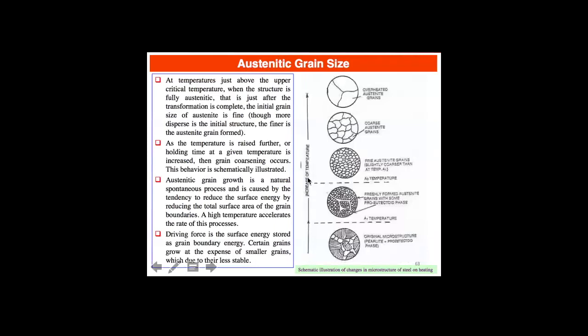This is just sort of a schematic. Here we see our temperature, right, and the evolution of the structure, right. So this is sort of the whole temperature. If we're at lower temperatures, right, we have a nice pearlite microstructure with some pro-eutectoid ferrite, right? So this image has to be which side of the eutectoid are we on?